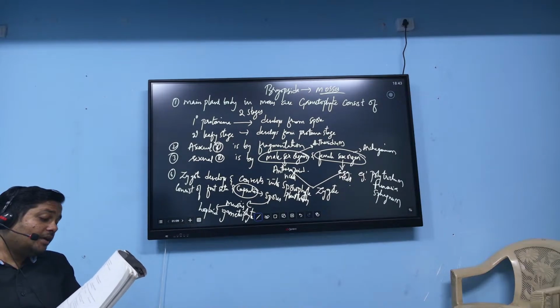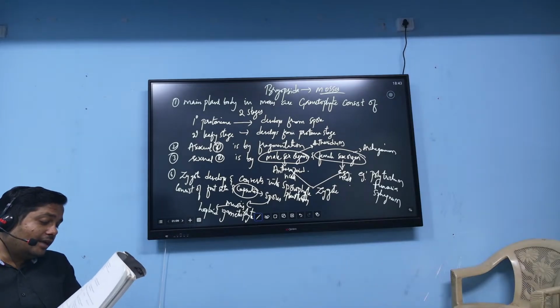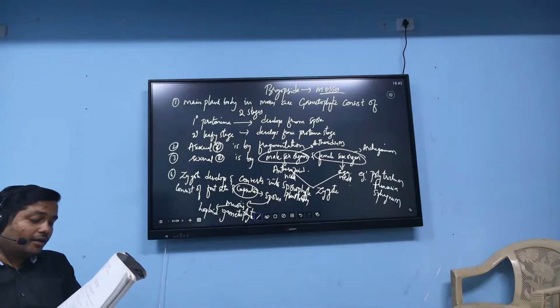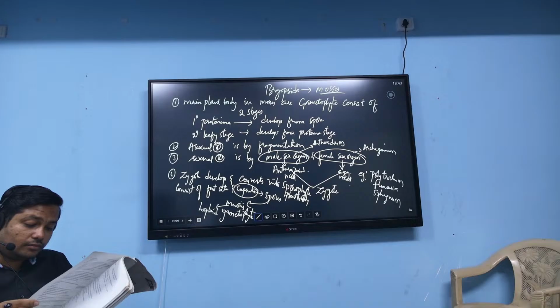So what will be the answer? It is D. Thallus like plant body, lack of vascular tissue, and presence of autotrophic nutrition is the correct answer. Next question.